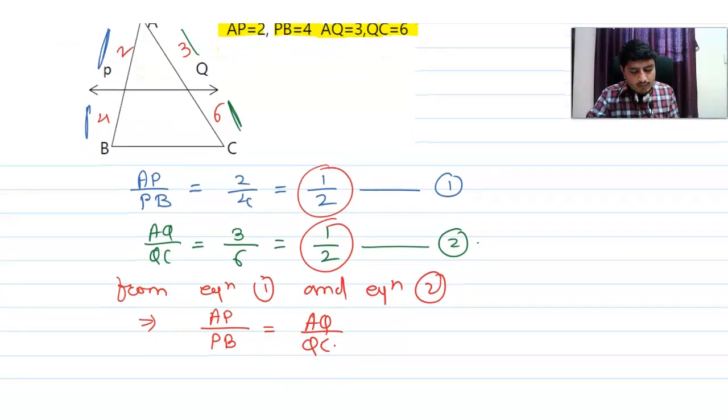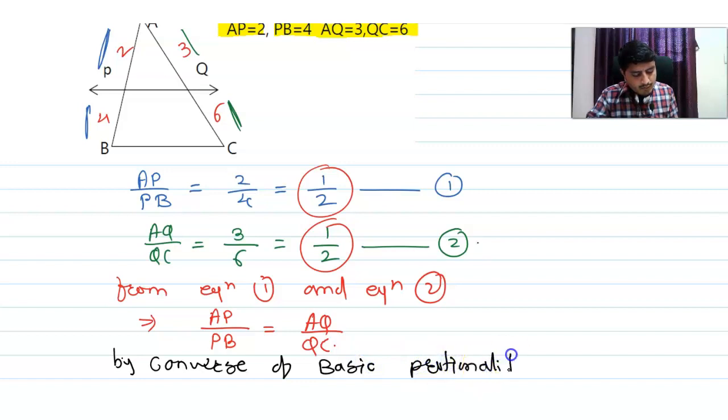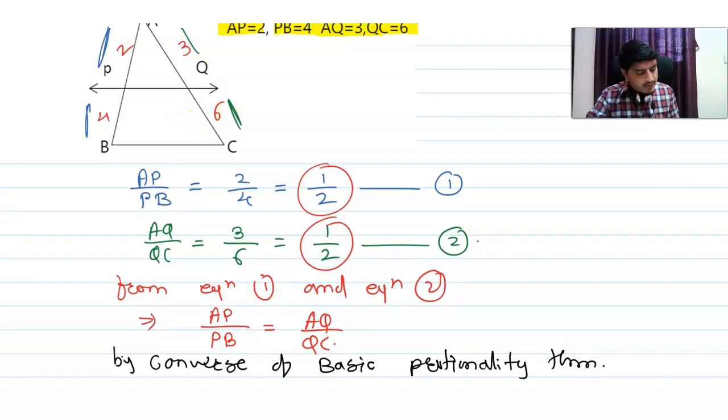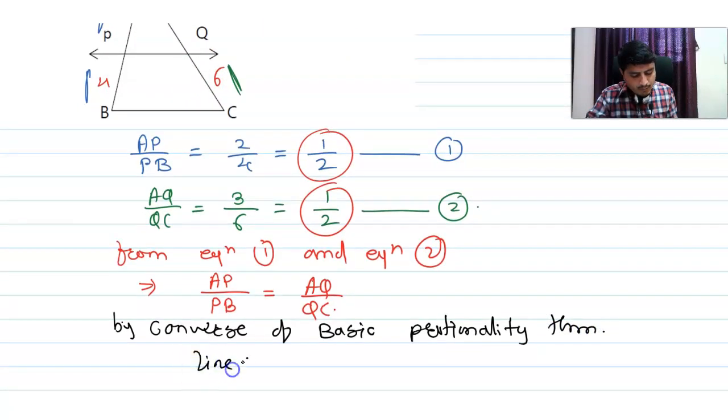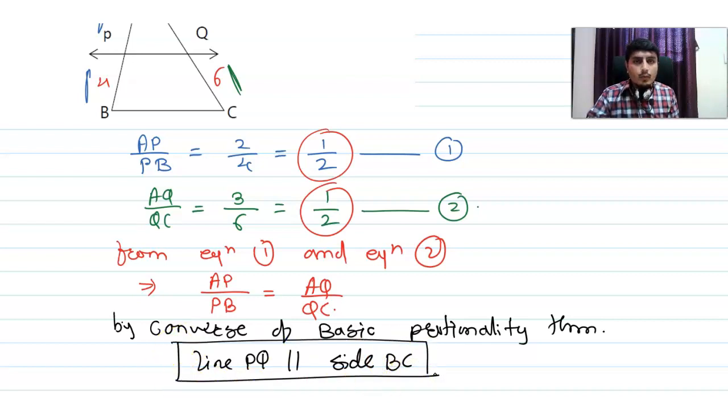Now the segments made by PQ on AB and AC are in equal proportion, so by the converse of the basic proportionality theorem, we can say the line PQ is parallel to the third side of the triangle, that is BC. Hence we have our proof here.